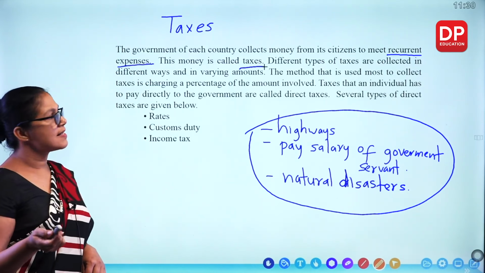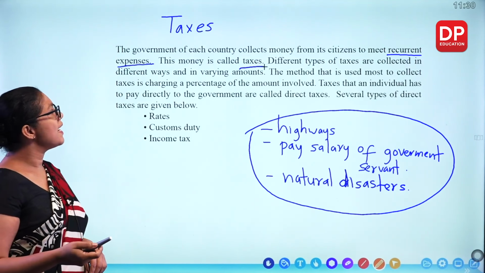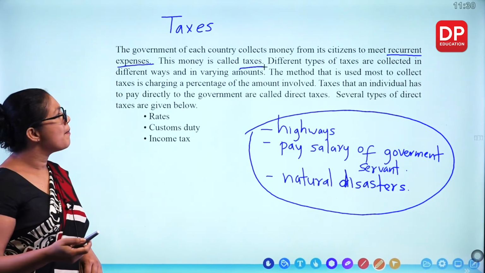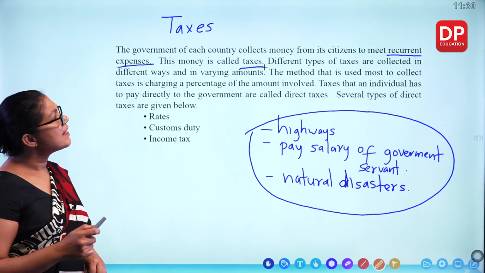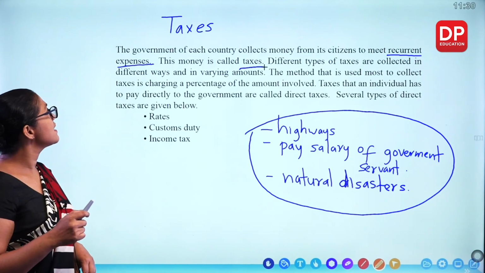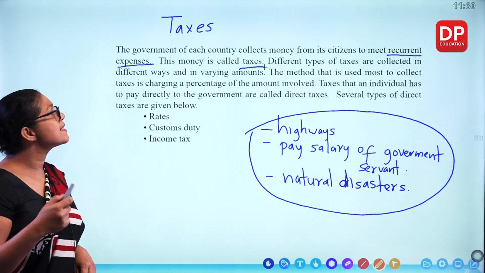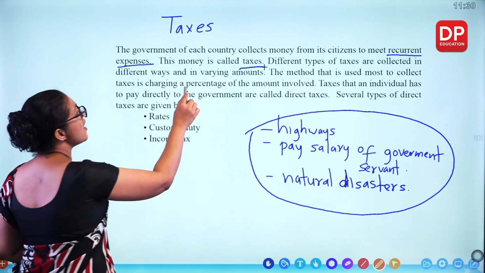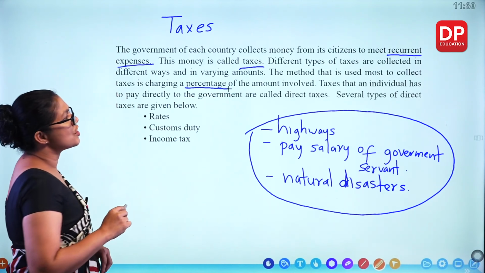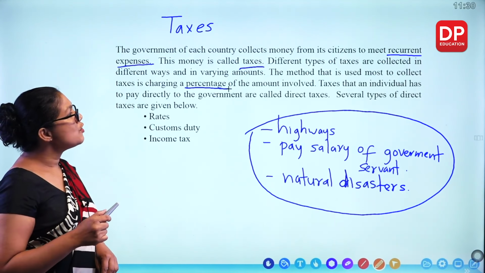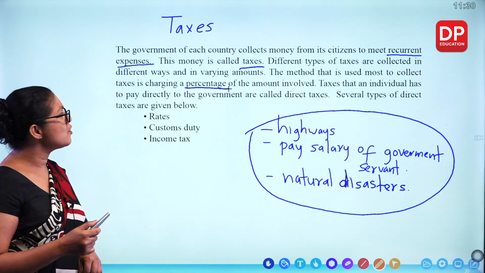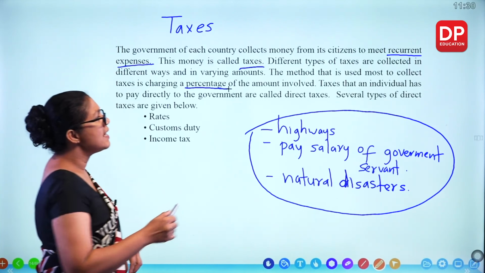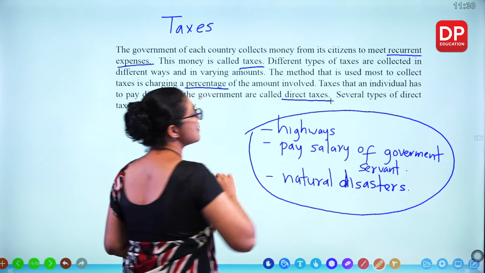Different types of taxes are collected in different ways and in varying amounts. The method that is used most to collect taxes is charging a percentage of the amount involved. So always charging a percentage. Taxes that an individual has to pay directly to the government are called direct taxes.